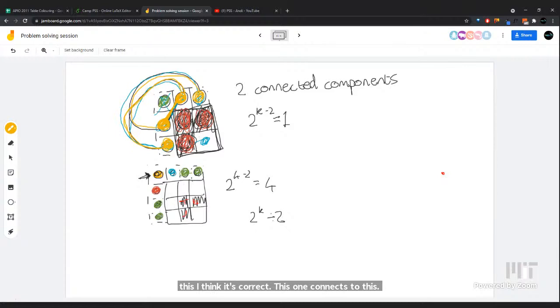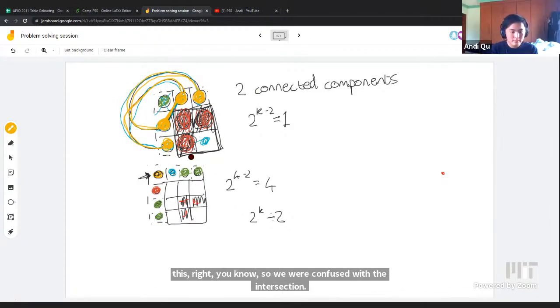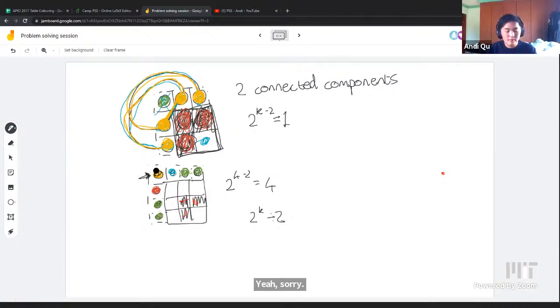Like this, right? Yeah, so maybe I got confused with the intersection. Yeah, sorry about that. Yeah, so the answer is just like that. And yeah, to check whether it's 0.